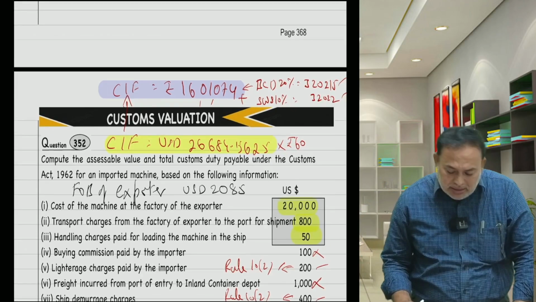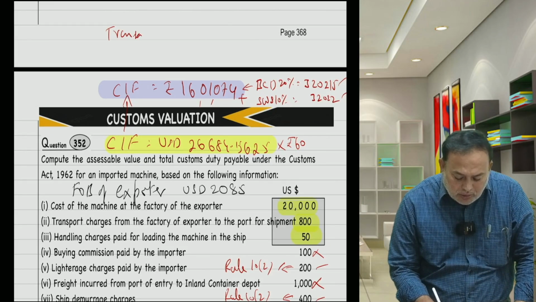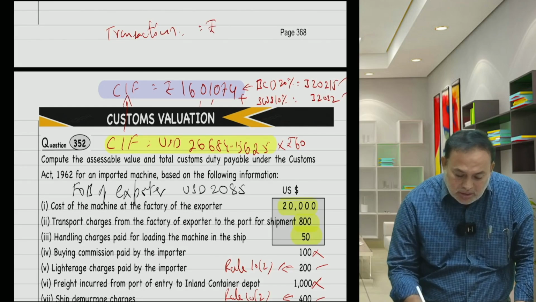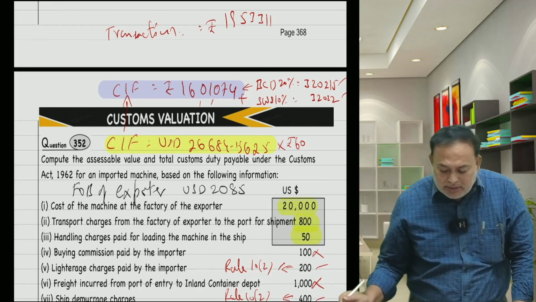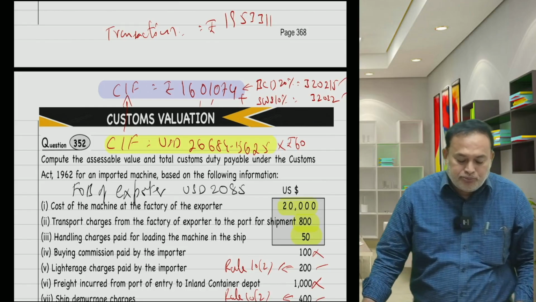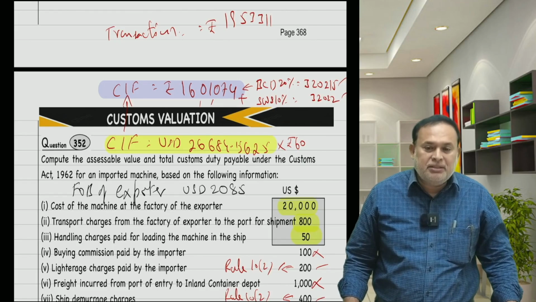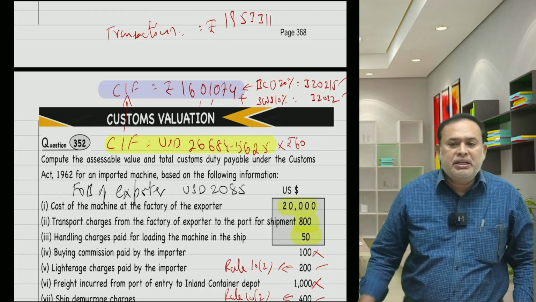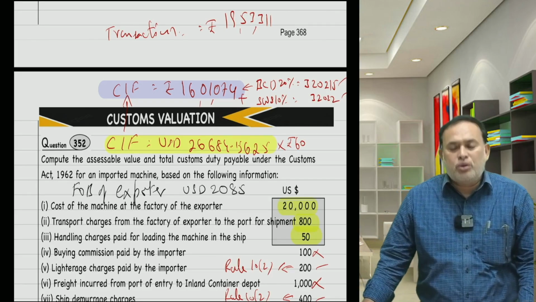Total put together is your transaction value for IGST purpose, which comes to 19 lakh 53,311 after round off.